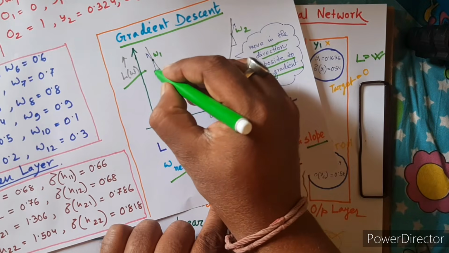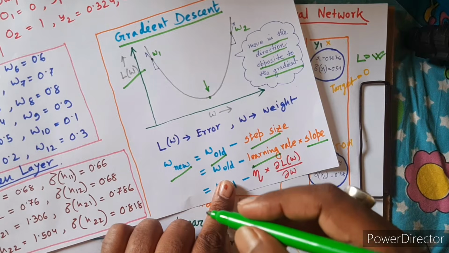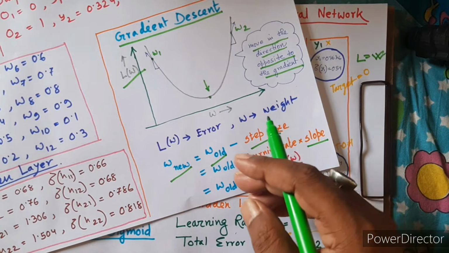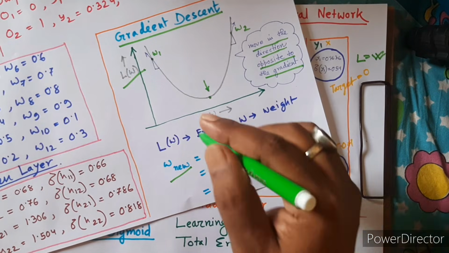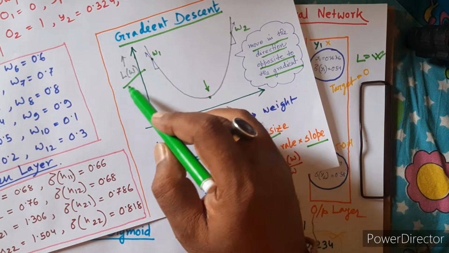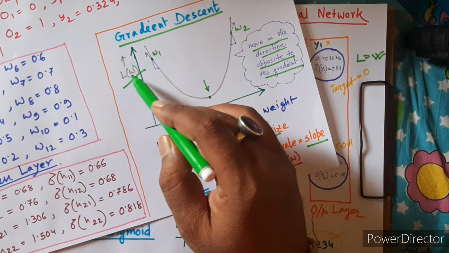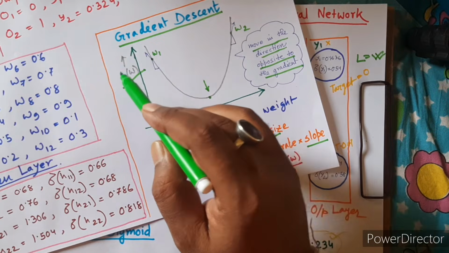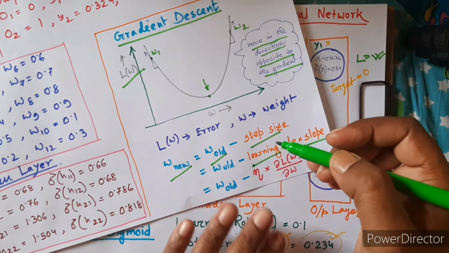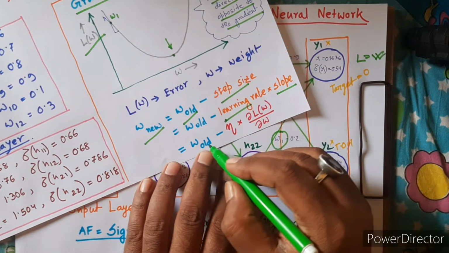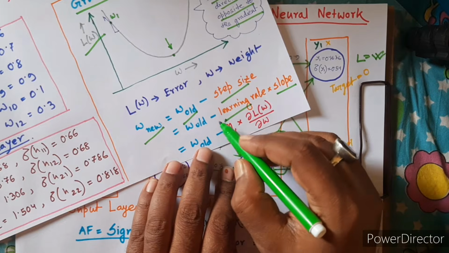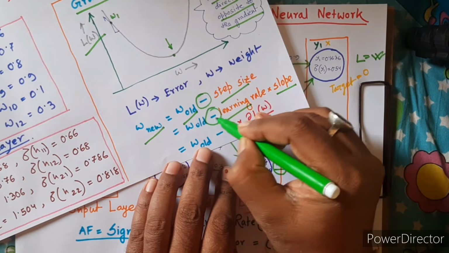So slope is calculated by the partial derivative. So taking all other variables as constant, we will have the derivative of L, or the error, with respect to that particular weight, okay? So now why this minus symbol?